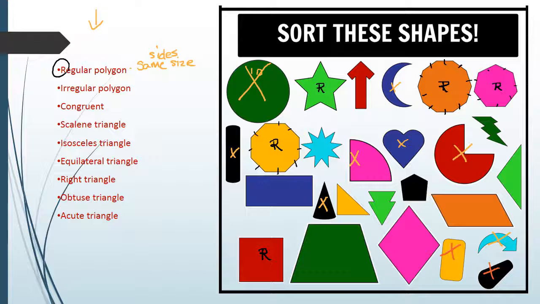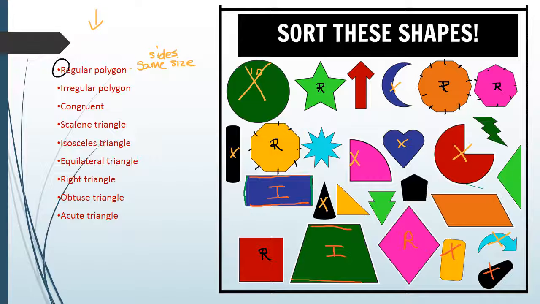One of the misconceptions is that people think the rectangle should be regular, but if you'll notice, these two sides are short and these two sides are longer, so this is irregular. This one's irregular because it has a short side and a long side. The pink diamond, I believe, is regular.